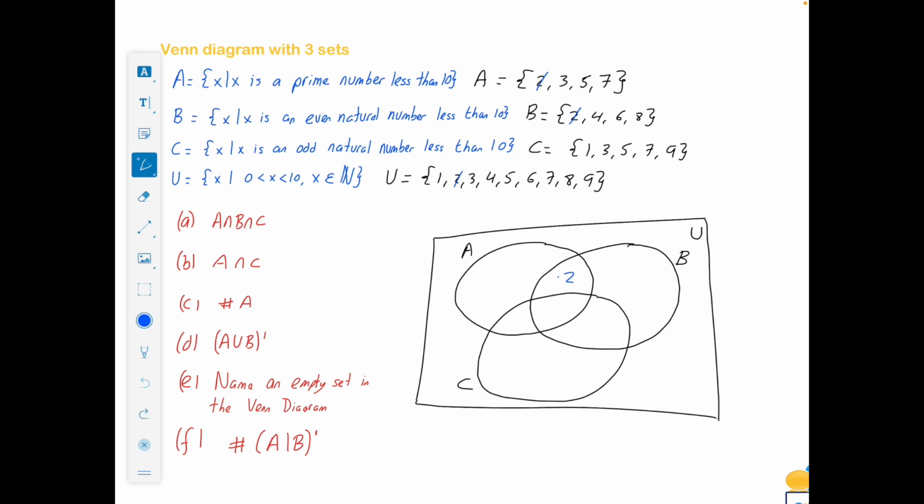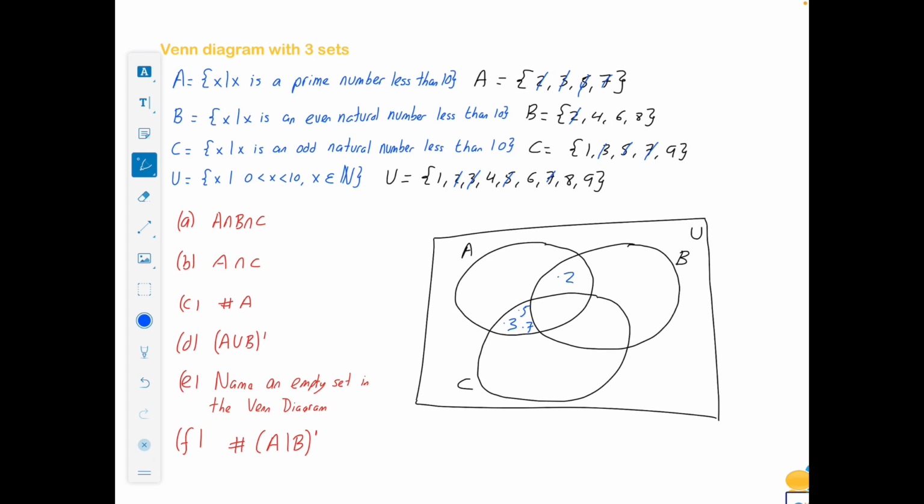And now we'll look at A and C together. For A and C, they have a 3 in common, so we're going to put that in our intersection of A and C down here. They also have a 5, and they also have a 7. So 3, 5, 7 are ticked off from our universal set.